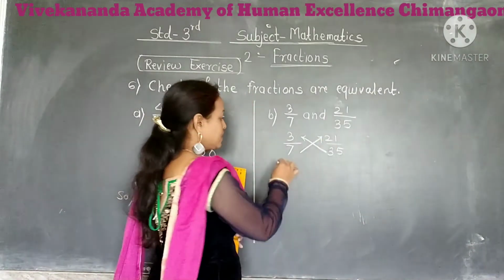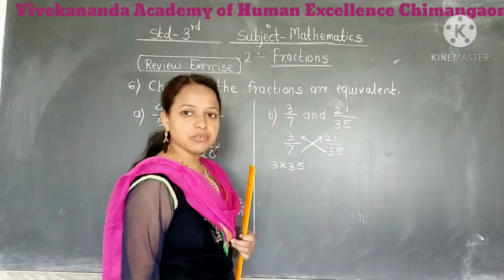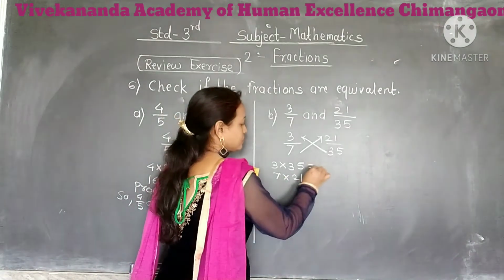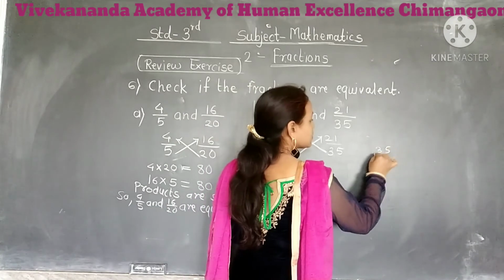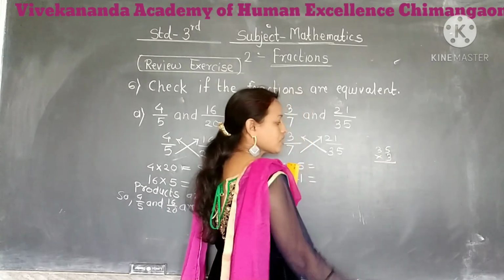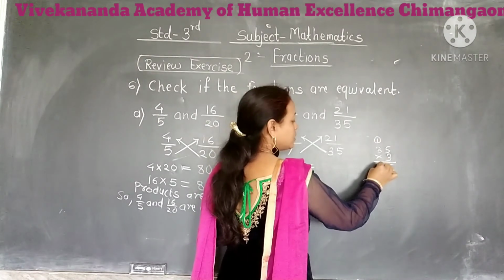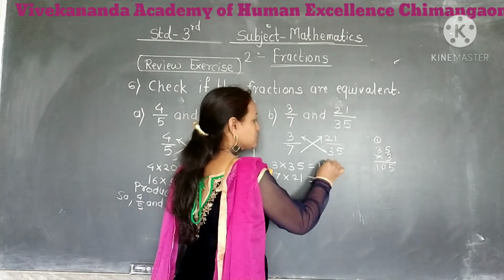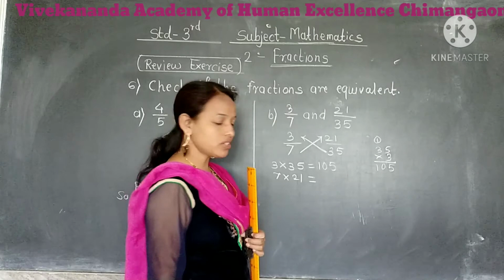So multiply 3 by 35. As well as we multiply 7 by 21. 3 5s are 15, 5, carry over 1, 3 3s are 9, plus 1, 10. So we get here product 105. 21 7s are 147.